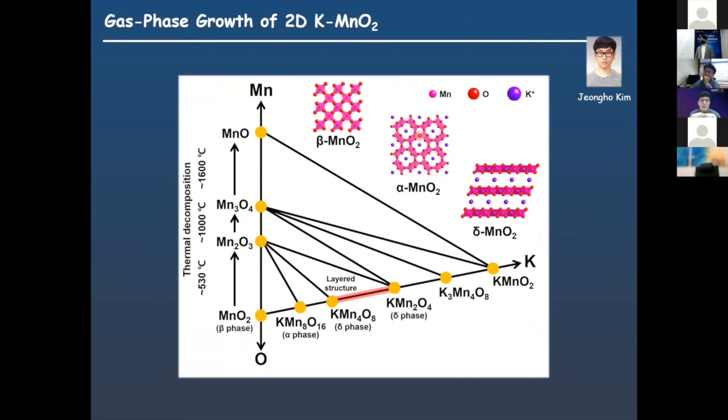So the separation from layer to layer was the issue for molybdenum trioxide and tungsten oxide because of the interaction. In the case of manganese oxide, it's about chemical stability: it's difficult to form a chemically stable monolayer.